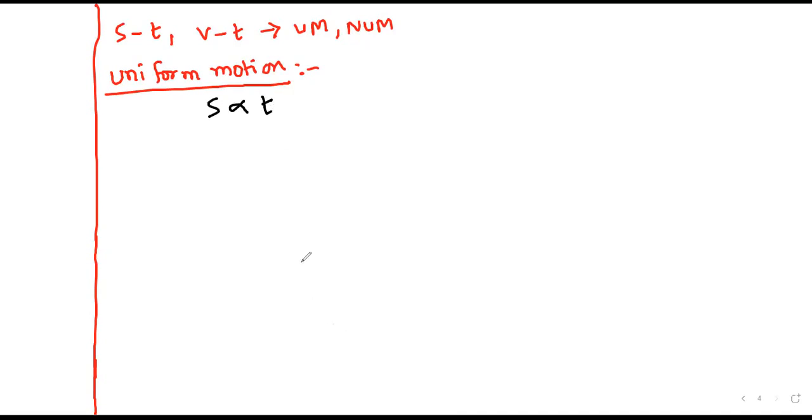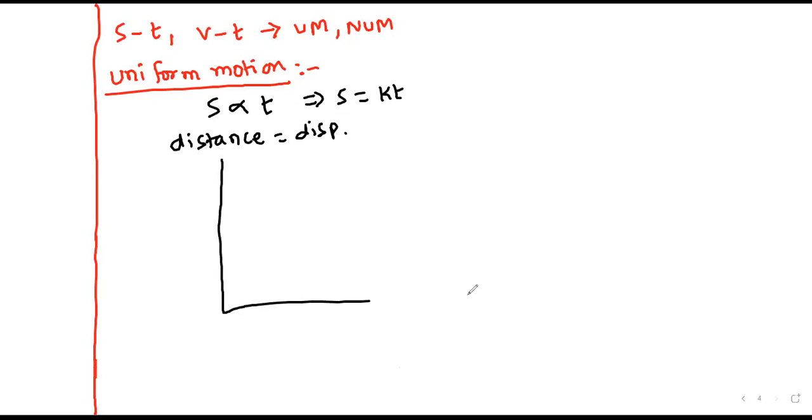That is, I can write S equal to KT. In uniform motion, distance equals displacement, so speed is equal to velocity. Suppose this is S, this is T. V equal to S by T, that is constant.